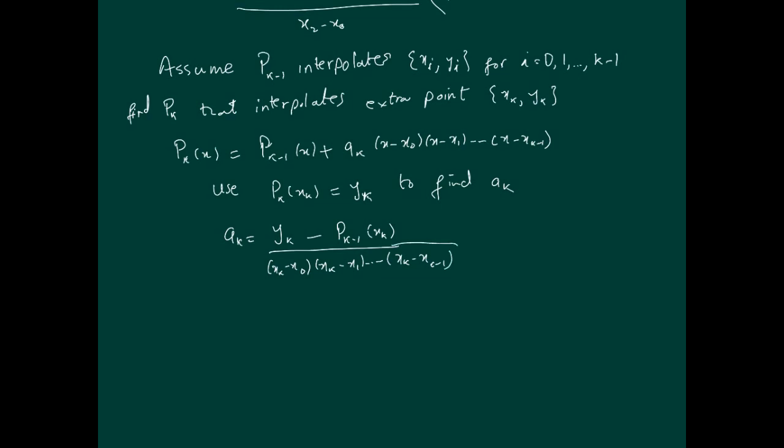So that would be the general formula, and of course, in this way, we can determine this. So this can help us to generate each one of these pKs, the next one from the previous one.